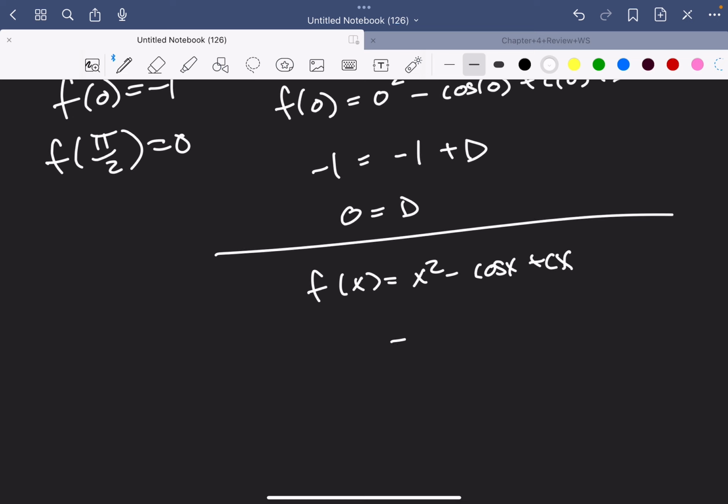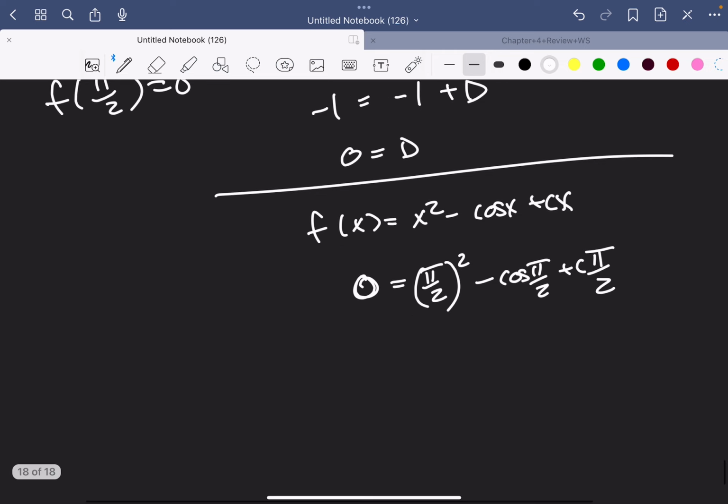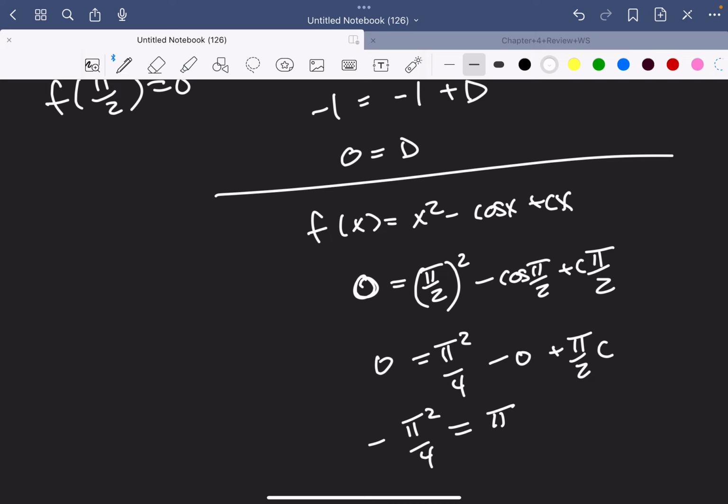But then we know that when you plug in pi over 2, you end up getting 0 out. So what happens there? Well, when you square it, you get pi squared over 4. The cosine of pi over 2 is 0, plus pi over 2 c. So you get that negative pi squared over 4 is equal to pi over 2 c.